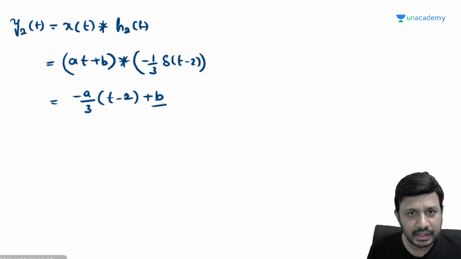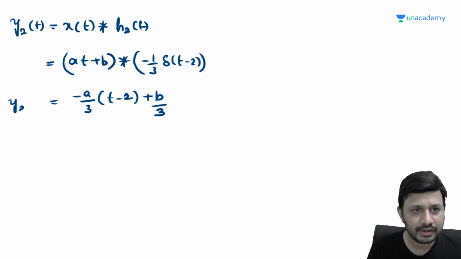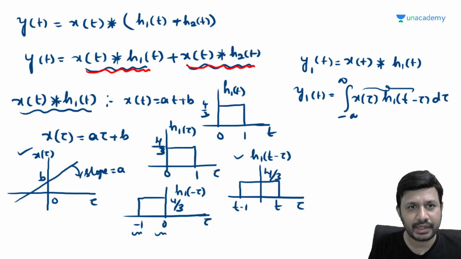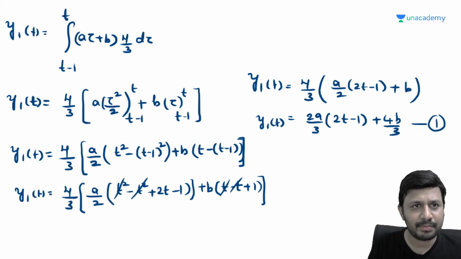Plus b by 3 here. Right. Now y2 of t also I got. So overall your y of t, what will it become? Let's add y1 of t and y2 of t. We are having both, no?